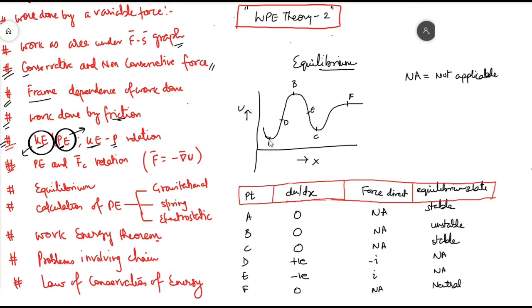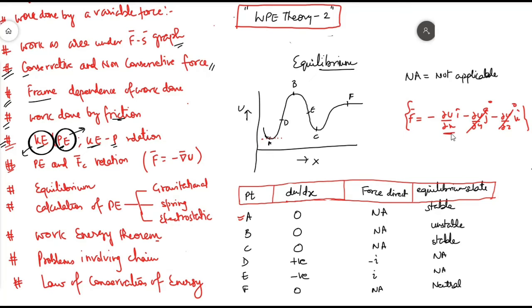So at point A, you should be able to see the slope of the curve is 0. So dU by dx is 0, and since we have that formula, F is equal to minus del U by del x i, minus del U by del y j, and minus del U by del z k. This is the vector function, and since it's only dependent on x, the y and z terms go to 0.